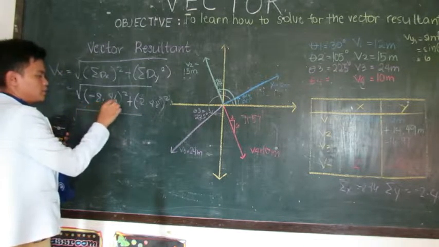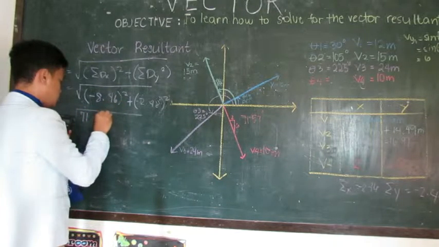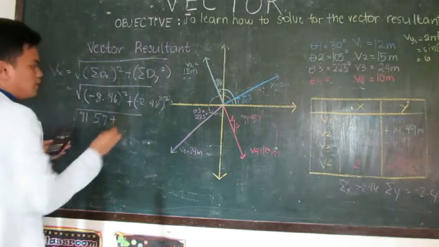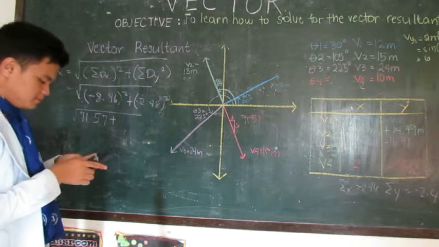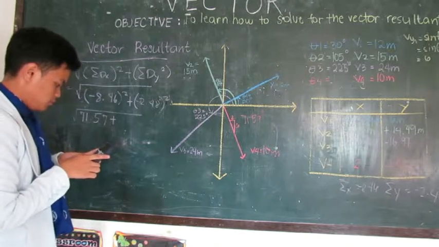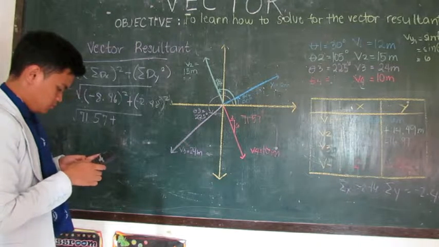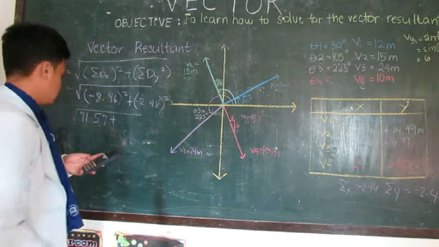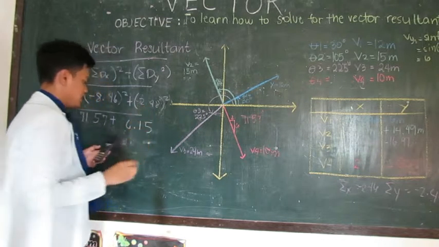So negative 8.46 squared is equal to 71.57. Now to get the square of the summation of y, which is equal to 6.15.